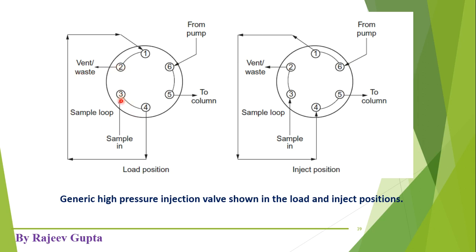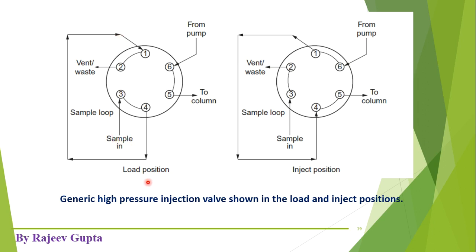So we can say that 3, 4 and this position 1, 2, this is a complete loop. It is a complete loop, and with these arrow directions we can observe the movement of flow of our sample liquid during this loop filling.